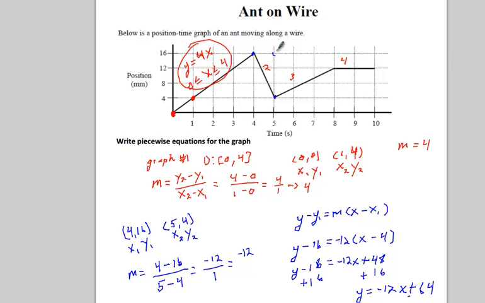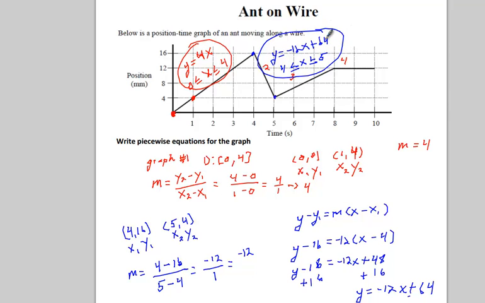While the graph is y equals negative 12x plus 64, I know that the domain is from, oop, not 5. What's wrong with 5? 5 is the ending value. So this should actually be 4 less than or equal to x, less than or equal to 5. And there's the second equation.